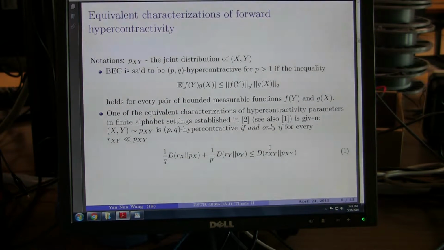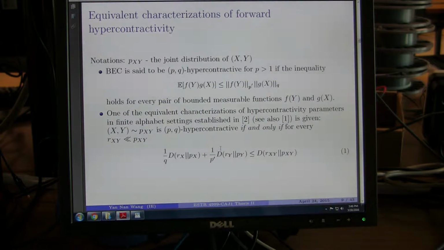This is an equivalent characterization of forward hypercontractivity. This was discovered by my supervisor. Basically, it talks about infinite alphabet settings. (X, Y) is (p, q) hypercontractive if and only if this inequality holds for every distribution R_XY that is absolutely continuous with respect to P_XY.